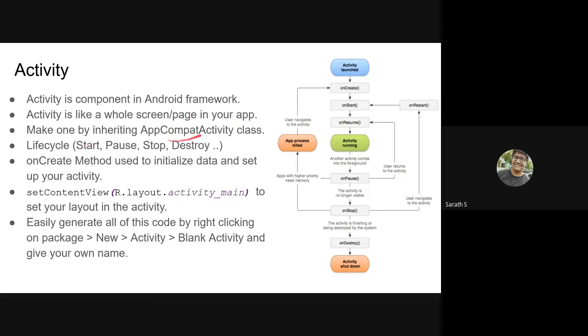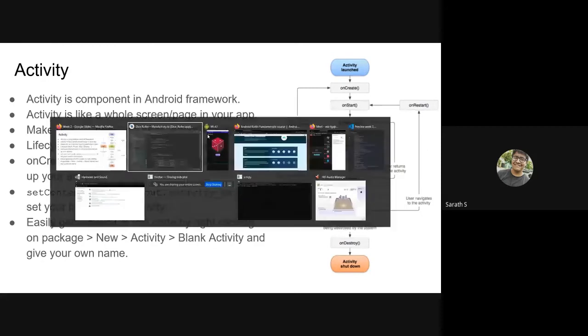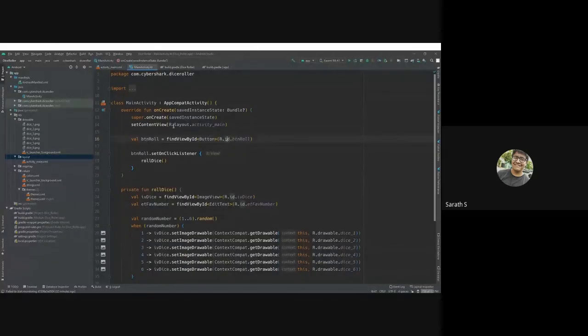And how you can make an activity in code is basically you just make a class and you give it your name. So usually you give it a name ending with activity. So if you want, let's say, a profile activity, you just type ProfileActivity. It's just a name for your class, and then you inherit AppCompatActivity or the Activity class.